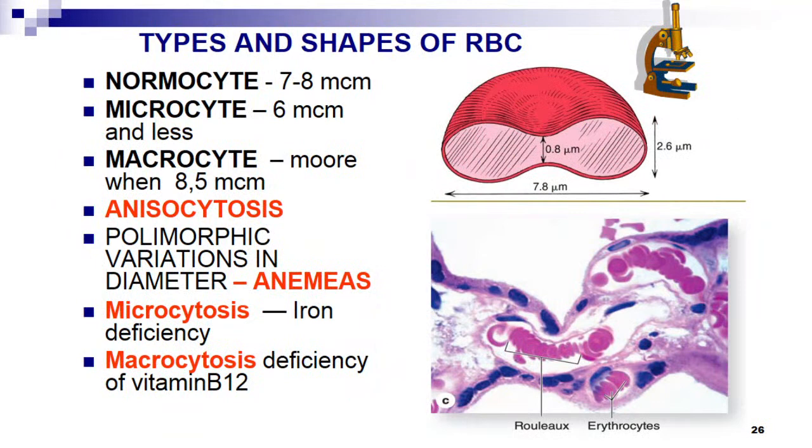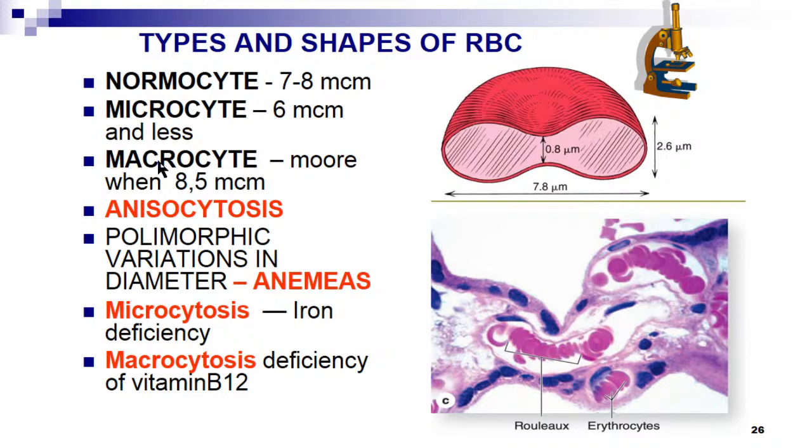Types of shape of red blood cells after senescence and during some disorders. The classical erythrocyte, with a diameter of 7 to 8 micrometers, which we discussed a minute ago, is named a normocyte. If the red blood cells are less than 7, it is named a microcyte, 6 micrometers and less.